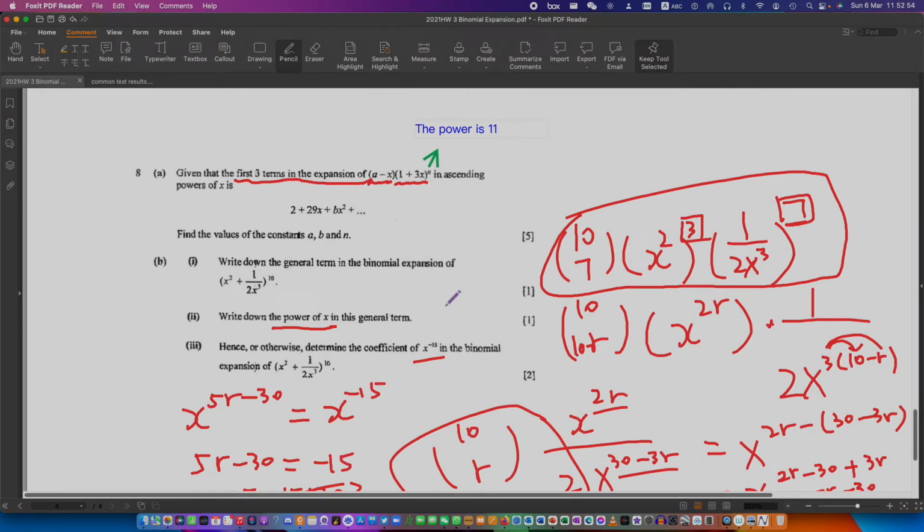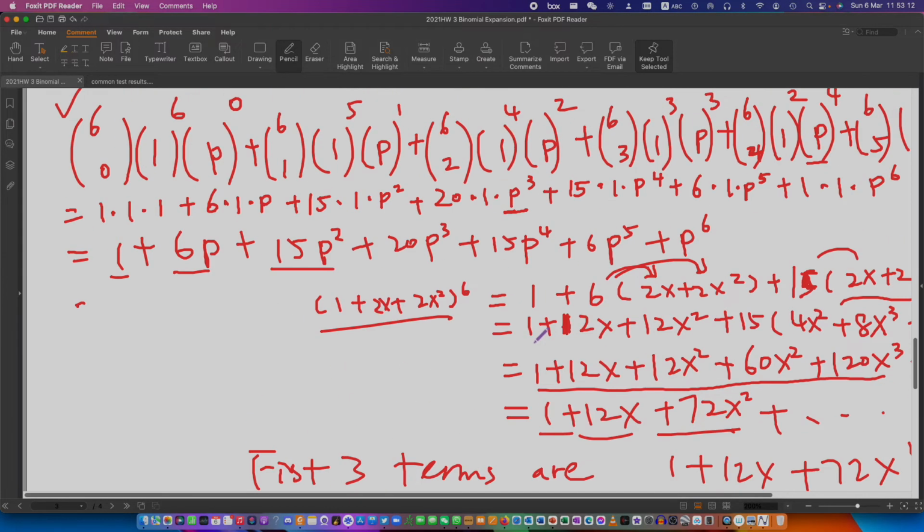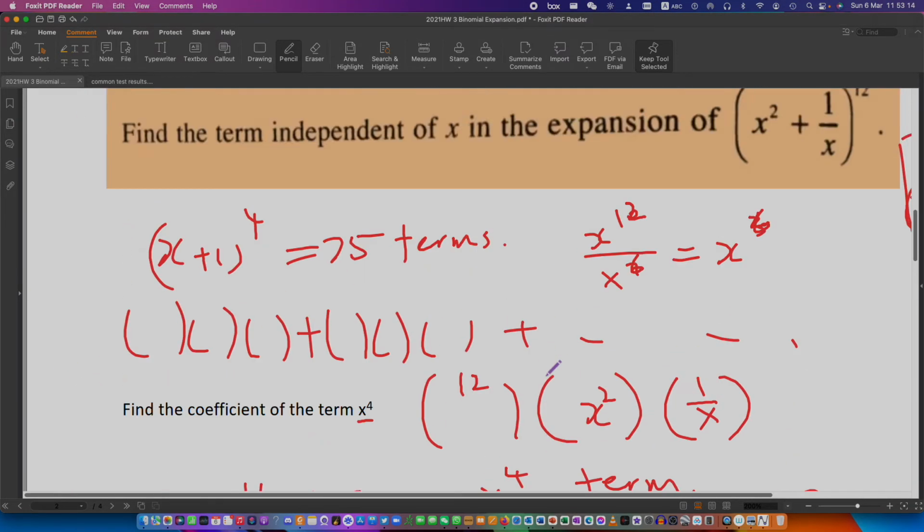So in a way, why do they ask you to do part 1 and part 2, and then only hence or otherwise? Hence means you need to make use of these two. In fact, I want you to realize, just now we are asked to find the term independent of x, the x to the power of 0 term.